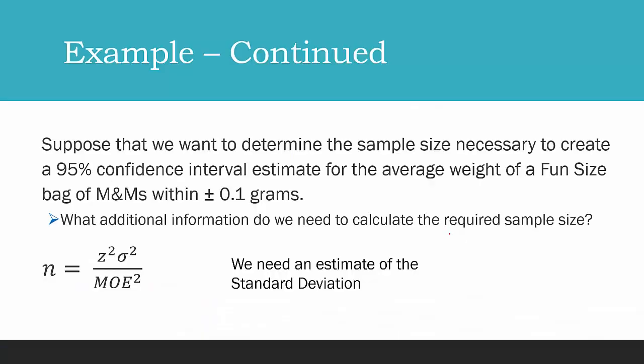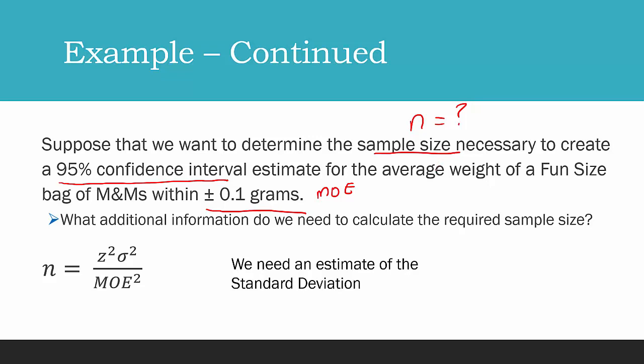Suppose that we want to determine the sample size necessary to still create that 95% confidence interval, but we want the MOE, or the margin of error, to be plus or minus 0.1. That's a much smaller margin of error than what we calculated so far. We need to know what N is. What is the sample size we need to have? In other words, how many packages of M&Ms do we need to weigh?